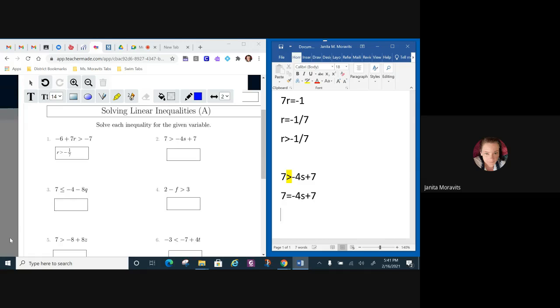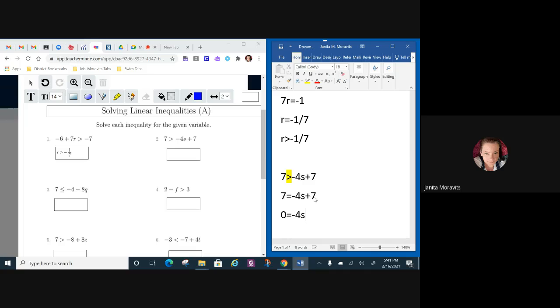We're going to leave our -4s over here by itself. So we subtract 7 from this side, and we subtract 7 from this side. So we would have 7 minus 7 over here is 0 equals, all right, and then we have -4s, and that 7, because we subtracted 7 from it already, is 0.